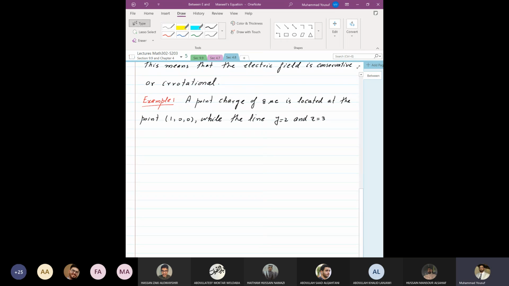We say this is a line. Okay, let me remind you, I will erase this. In Math 201, section 12.5, you know the parametric equations of a line. x is equal to x naught plus at, y is equal to, come on, you should not do this.